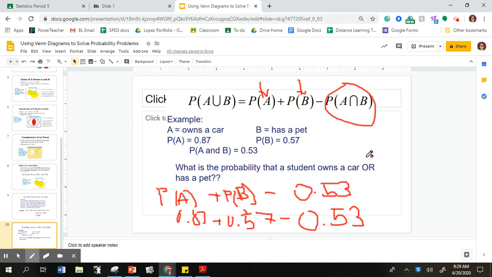We know that that's in there. Once I do all that, I take out 0.53 and I get 0.91, which is 91%.